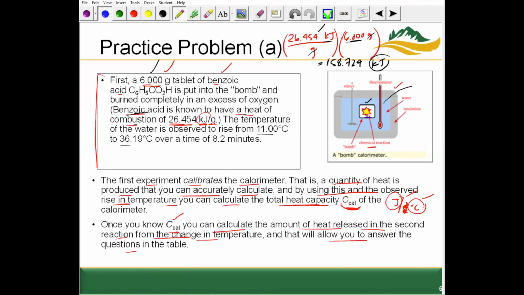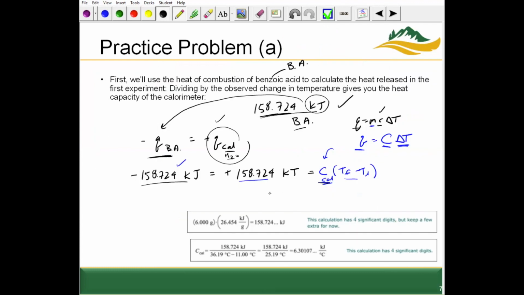So as this combustion reaction took place, it heated up the surrounding area, including the bomb calorimeter material itself and the water around the bomb calorimeter material. So we're going to use information about the water and about the reaction happening within this vessel to get information about the calorimeter itself. So we're going to solve for heat capacity of the calorimeter.